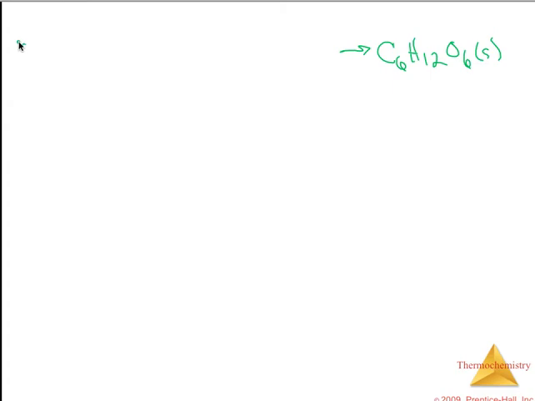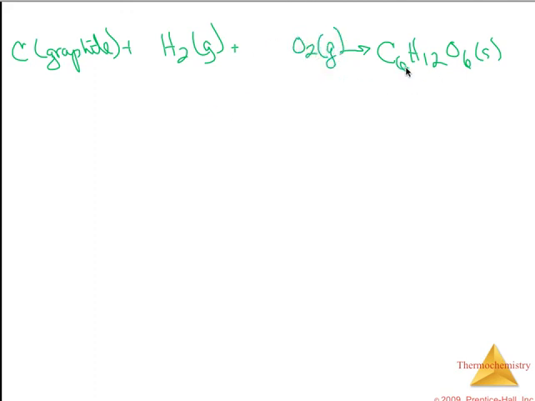Carbon, in its elemental form, we learned before, is graphite, plus H2 as a gas, plus O2 as a gas. I have 6 carbons in the formula, so I need 6 over here. This becomes a 6. This becomes a 3.